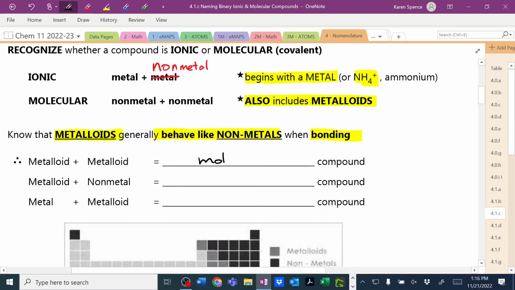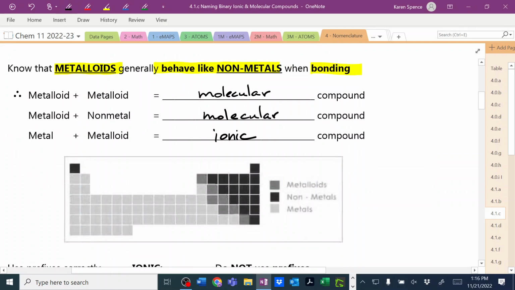Molecular. What do we get if we put a metalloid with a non-metal? Molecular. And what do we get if we put a metal with a metalloid? Ionic.